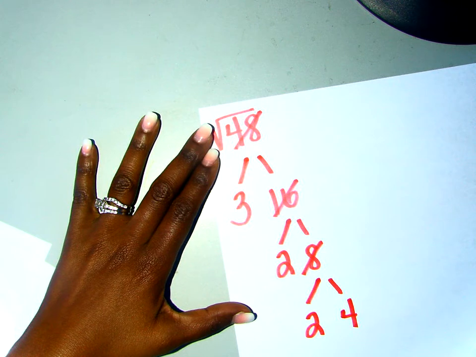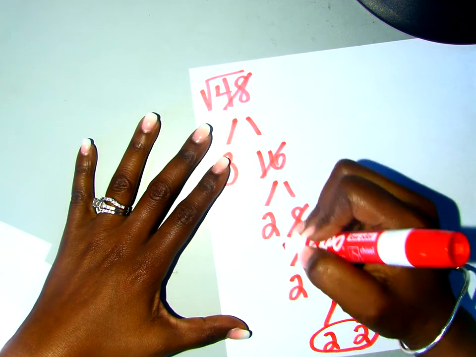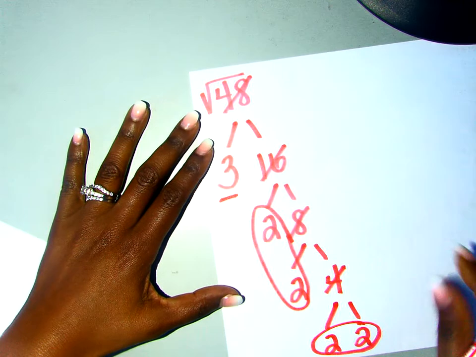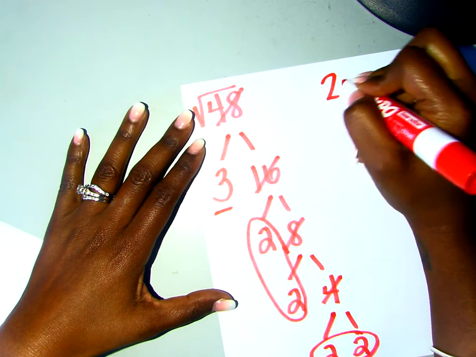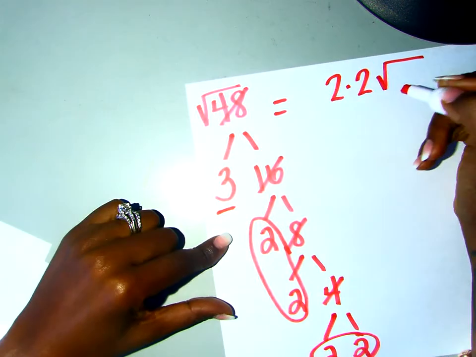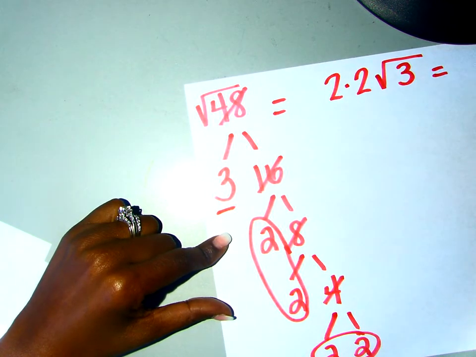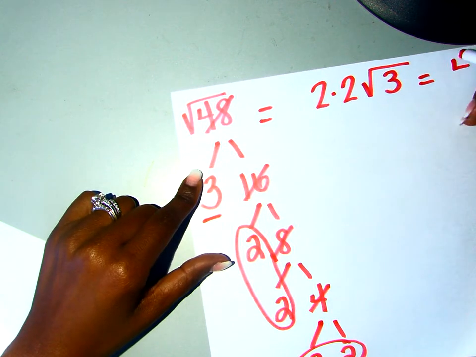And then factors of 4, 2 times 2. Circle our pairs. We have a pair of 2's down here, a pair of 2's up here. Underline what's left. So my pairs go on the outside, which is 2 times 2, square root of what's left. We underline what was left, which is 3. So the simplified form of this radical is 4 square root of 3.